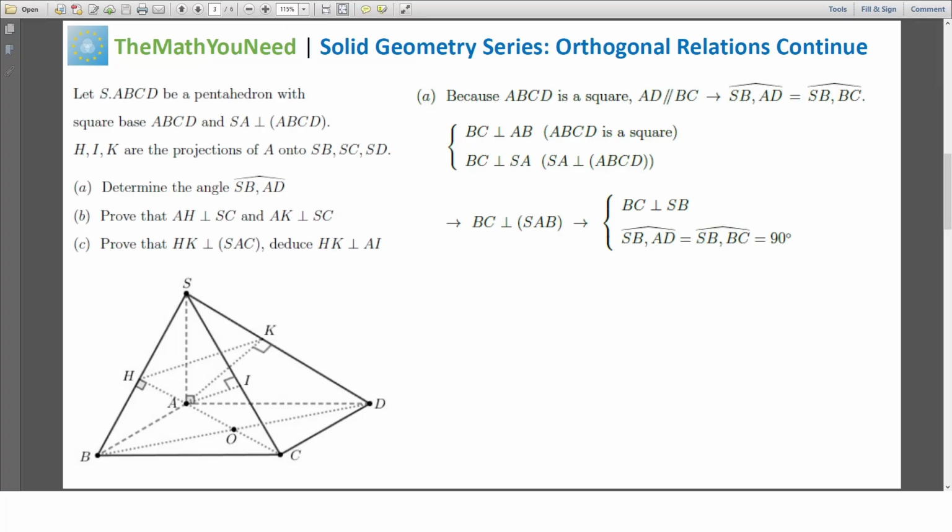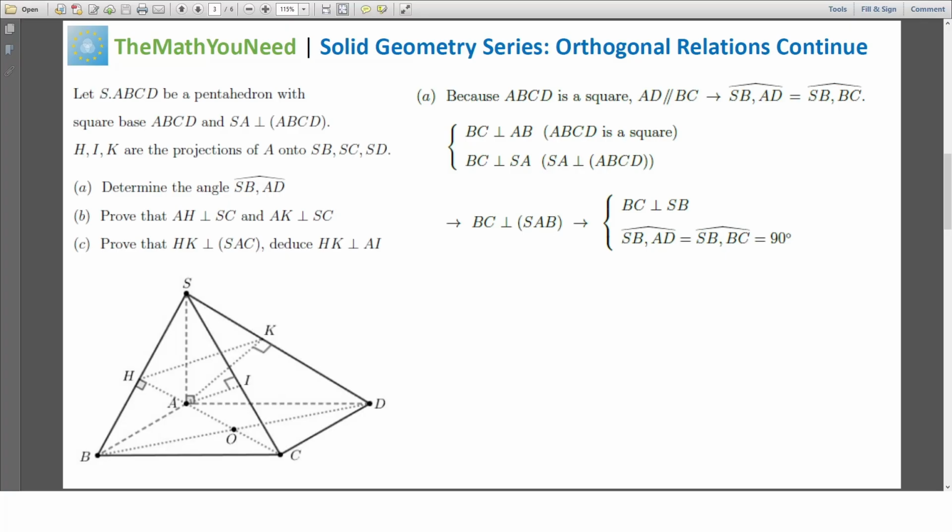So the idea is that you need to show BC is perpendicular to plane SAB. Okay, then from there, we have AH is perpendicular to BC, right?